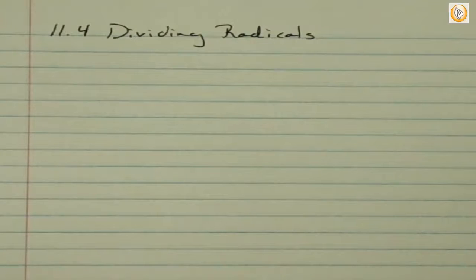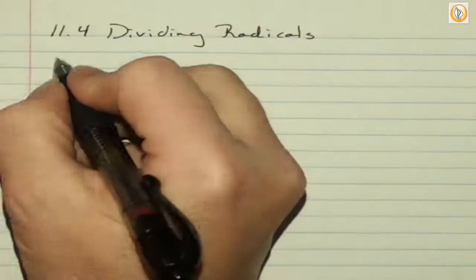Now dividing radicals. There's a couple of very important rules that you'll need to know and take with you, especially to Algebra 2 and even calculus. You're going to be seeing this a lot. So this chapter is actually really important, even though it's at the end of the book.